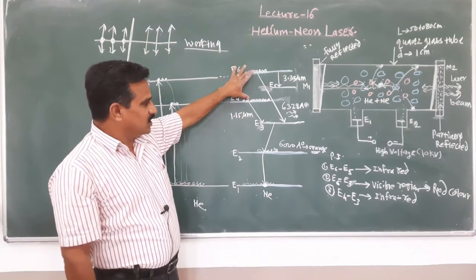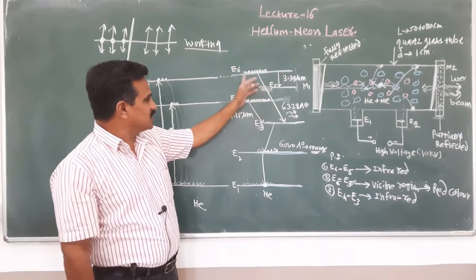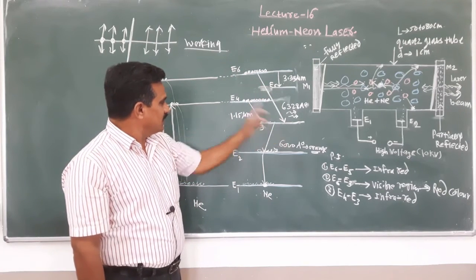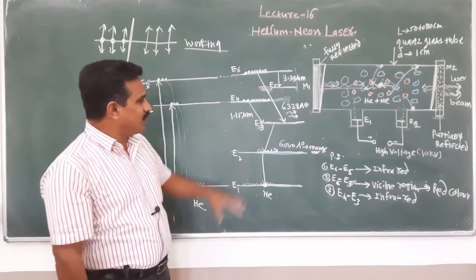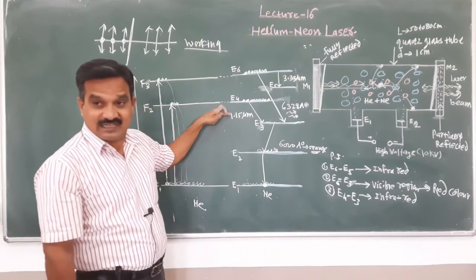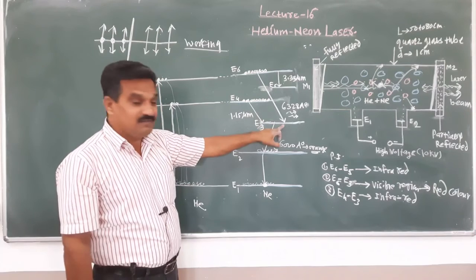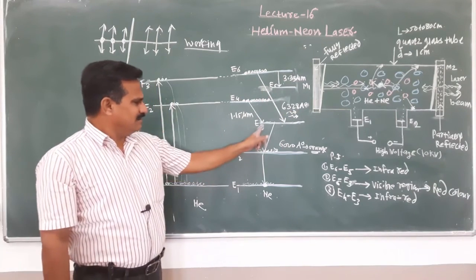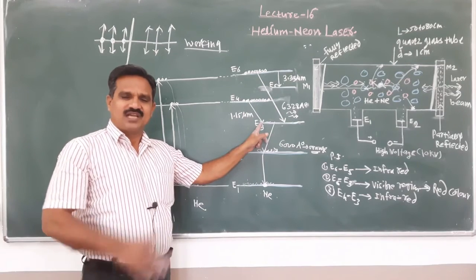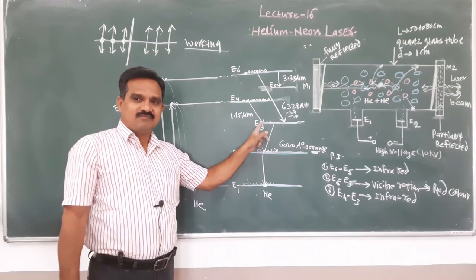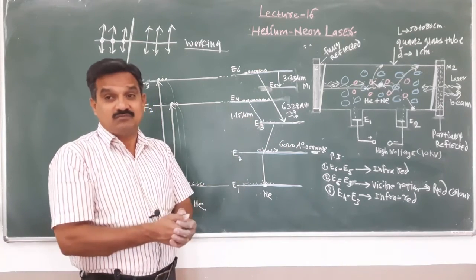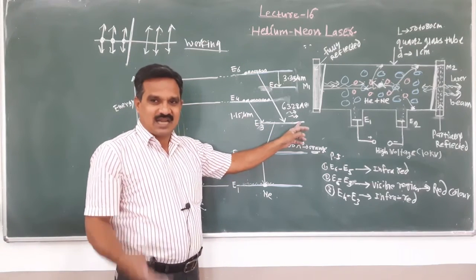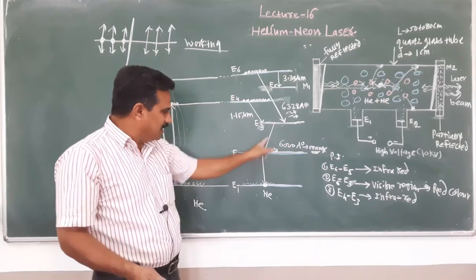And when the accumulation takes place, transitions take place from E6 to E5, E6 to E3 and E4 to E3. Out of that, two transitions are in the infrared region, and this one is in the visible region, and red light is produced. Again, this E3 level is fully empty, meaning it has the capacity to accommodate most of the atoms. But this is an excited state, its lifetime is very small, that's why random decay.